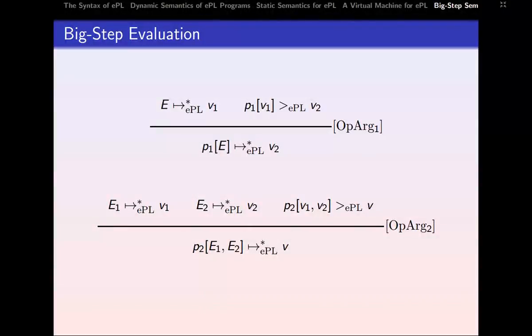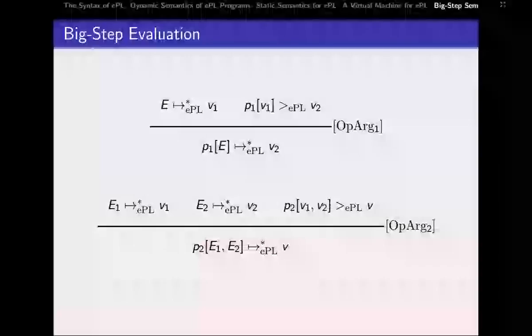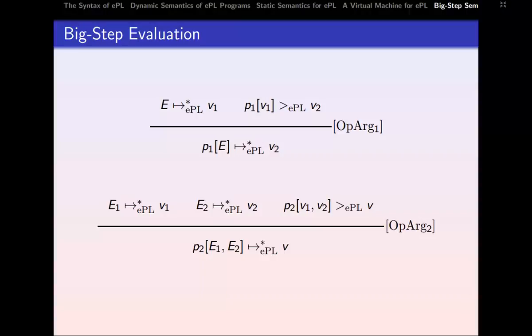So the big step evaluation is a type of big step semantics. And the transition function is a type of small step semantics. The compiler is a type of big step semantics as well.